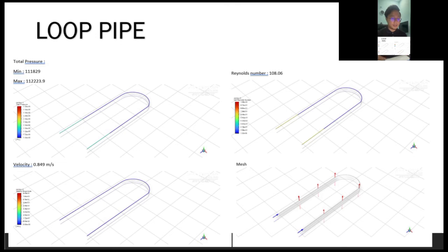As you can see, the inlet is the blue arrow, and the red arrow to the top means the water is going to the top in the hose we made.